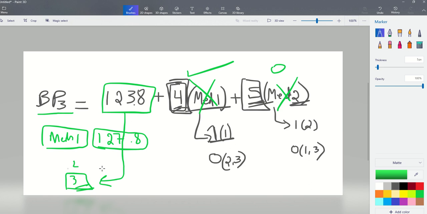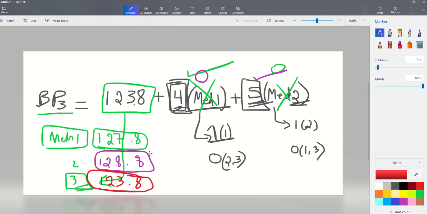For patients on med 2, these get a 1 here and a 0 there, and therefore it's 123.8 plus 5, and therefore the estimated blood pressure is 128.8 for these. Okay, and we said for blood pressure for medication 3, it's 123.8.